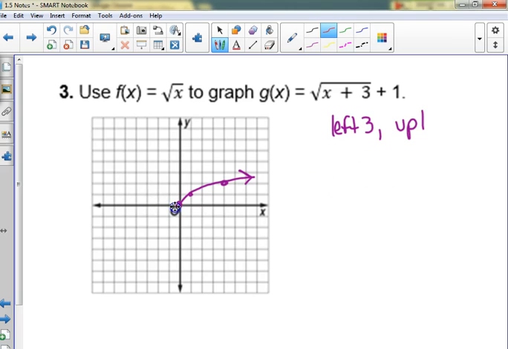I'm not going to write all that, I'm just going to do it. Left 3, up 1. And every one of those points goes left 3 and up 1. So it looks like this. We good with that?